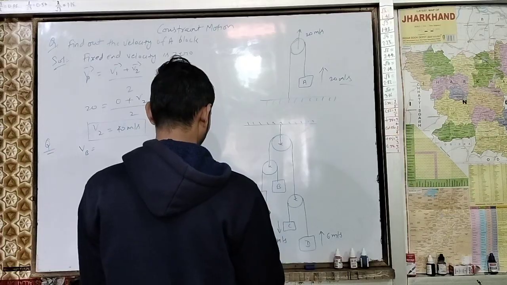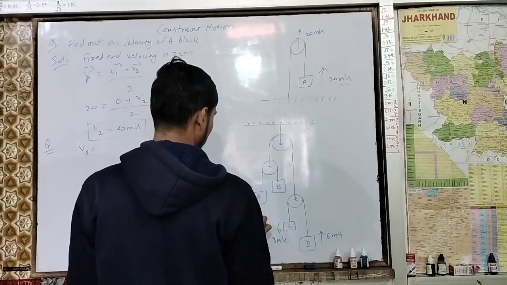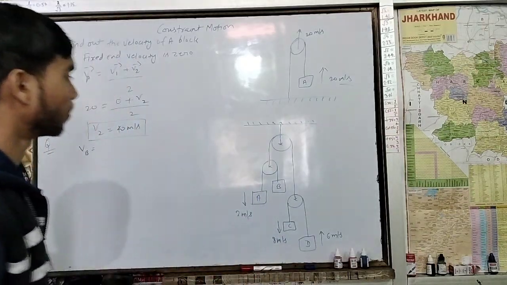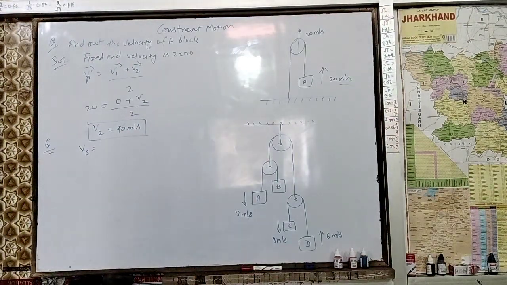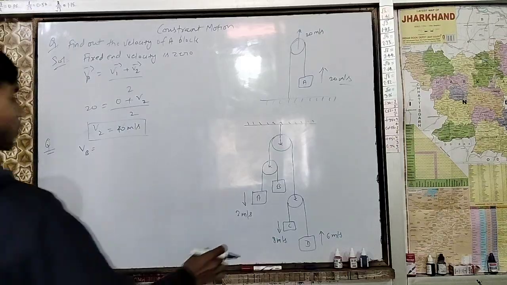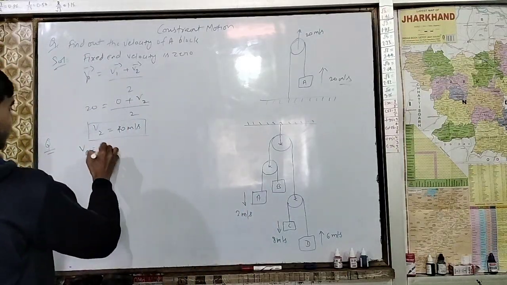Block A is also moving downward with 2 meter per second. This is our question as a figure. The question is asking what is the velocity of block B.